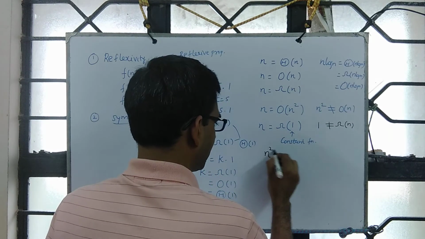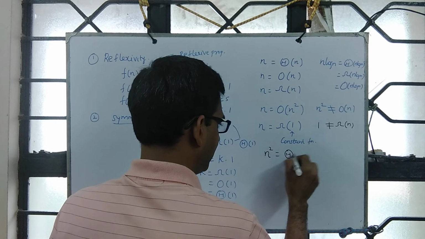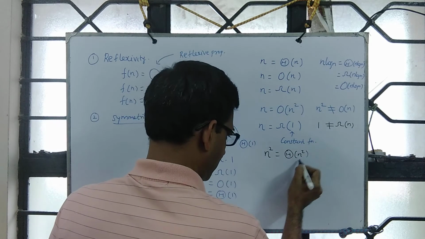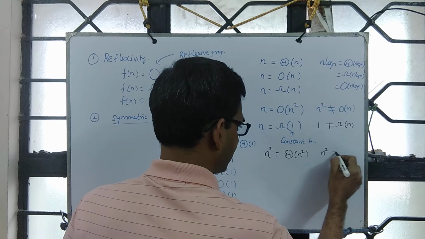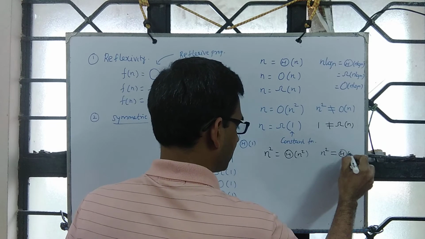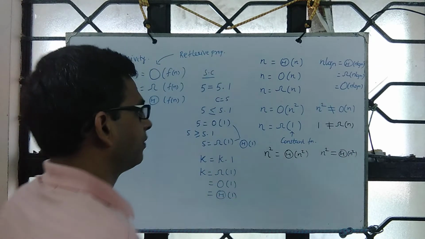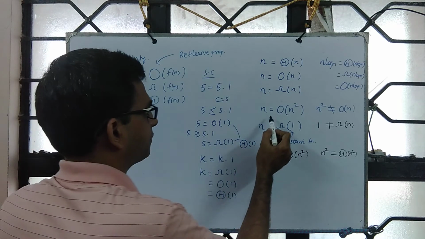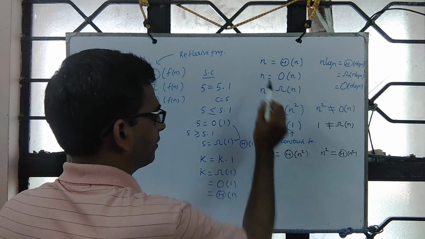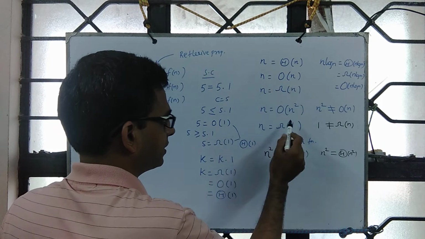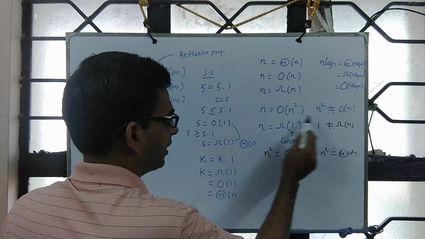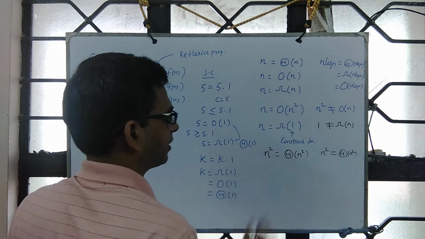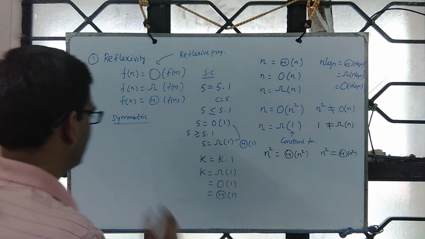We see that n square is theta of n square. For some it will satisfy, n is order of n, but there are functions for which if n is order of n square, then n square is not order of n. What does that mean?